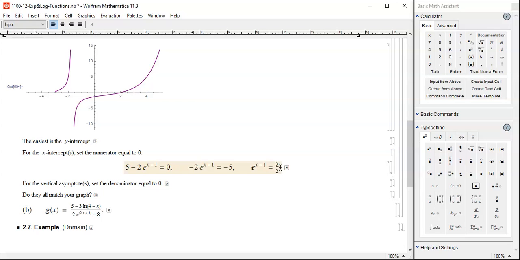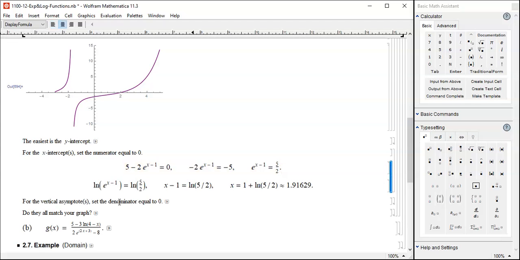We take the inverse function. We take the natural logarithm of both the left-hand side and right-hand side. That'll kill off this exponential. By the way, this natural logarithm, ln, is the same as log of base e. It's just abbreviated notation. So they're going to cancel each other out, and we get x minus 1.